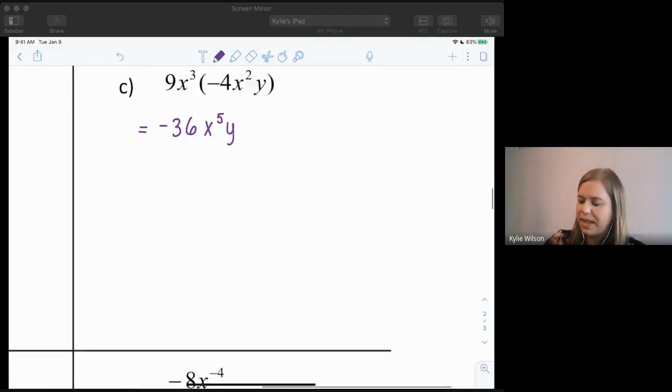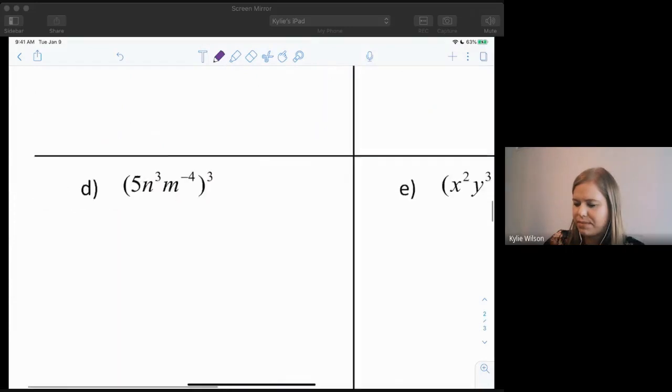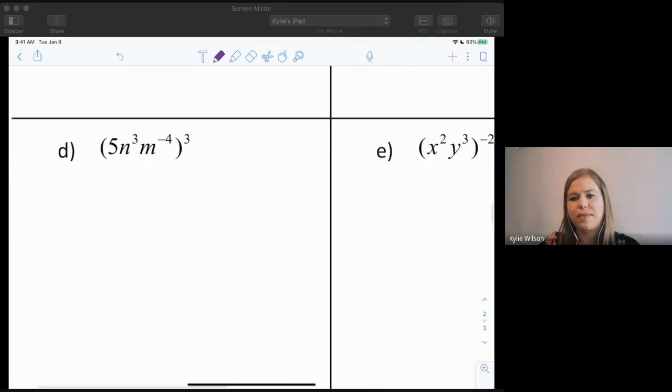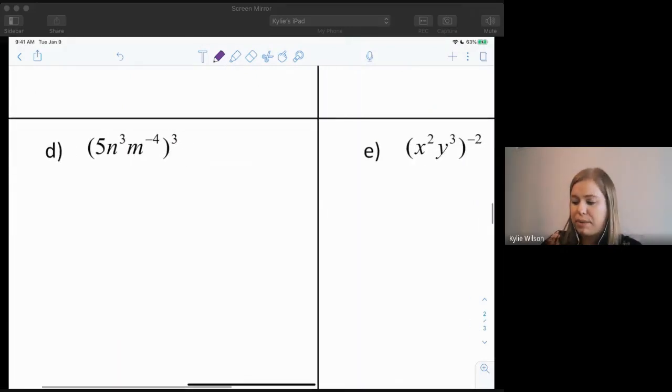Okay, let's try another one. We'll go to D. So D has a power of a power rule here. And remember that we need to apply that power of a power rule to everything inside the brackets, including my coefficient. So including that big 5, we need to apply that exponent 3 to all of it.